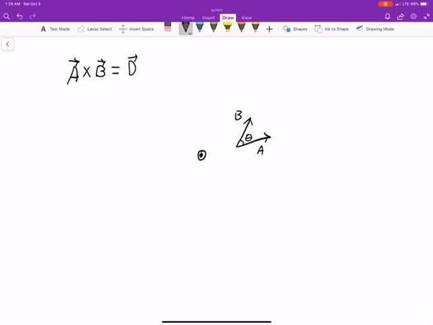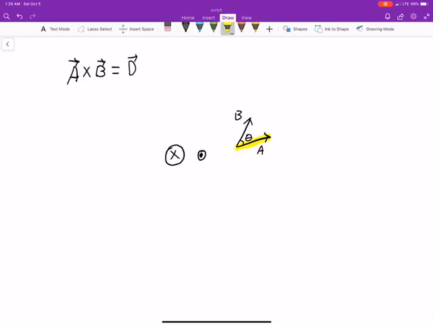This indicates a vector going out of the page, like if you saw the tip of an arrow. And this goes into the page, like looking at the back of an arrow. So D is either going into or out of the page. There's no other way about it. And the way that we determine the sign of vector D is you take your right hand and you place your fingers along your A vector.